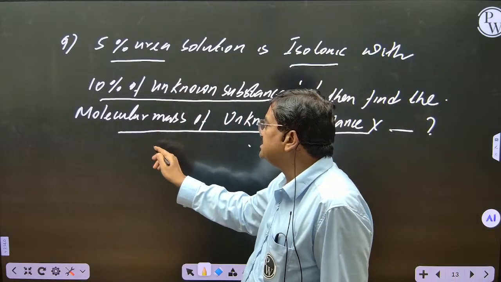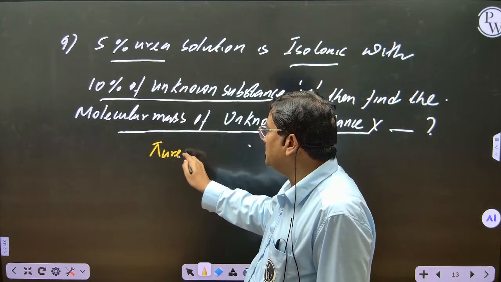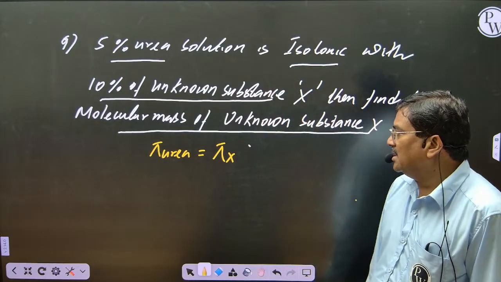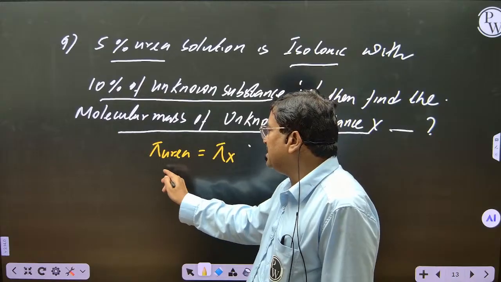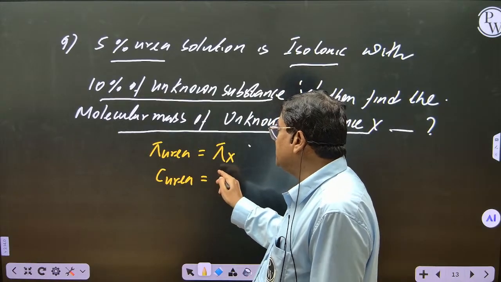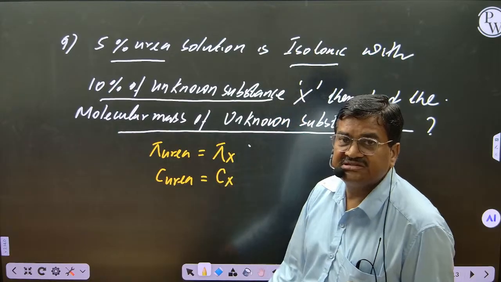Since osmotic pressures are the same, pi of urea is equal to pi of unknown X. So as osmotic pressures are the same, what can we correlate? We can correlate that the concentration of urea will be equal to the concentration of X. Correct?